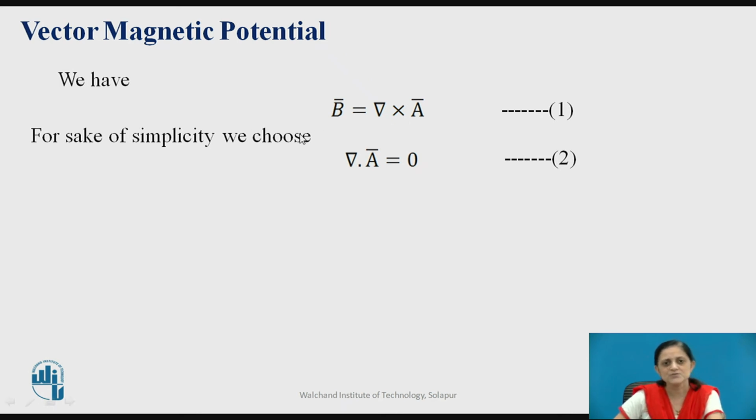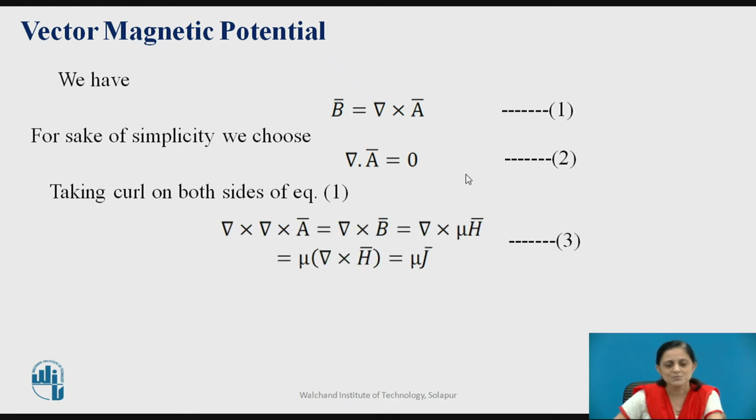For the sake of simplicity, we can choose del dot A bar equal to 0. Taking the curl on both sides of equation number 1, it can be written as del cross of del cross A bar is equal to del cross B bar. The relation between B bar and H bar is B bar equal to mu H bar.